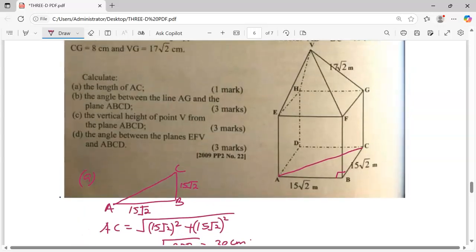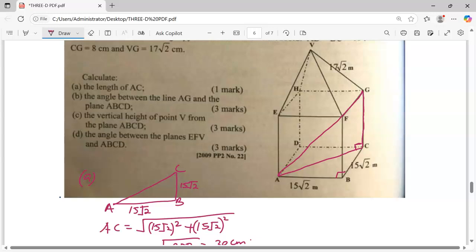Once we have done part A of the question, we can move to B. In B, we are told to calculate the angle between the line AG and the plane ABCD. The first thing we are going to do is to draw the line from A to G, then drop a perpendicular from G to C, such that at point C we are going to have a right angle.